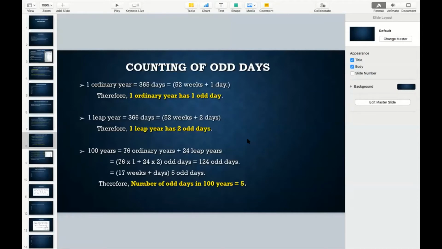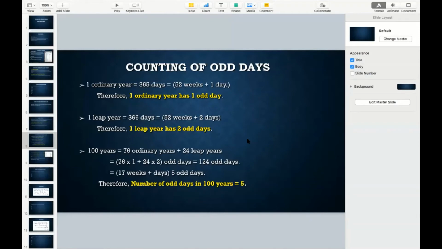Each of these 76 ordinary years gives one odd day, so the total odd days from here is 76 into 1. Each of the 24 leap years gives 2 odd days, so 24 into 2 is 48 odd days. Adding 76 and 48, you get 124.